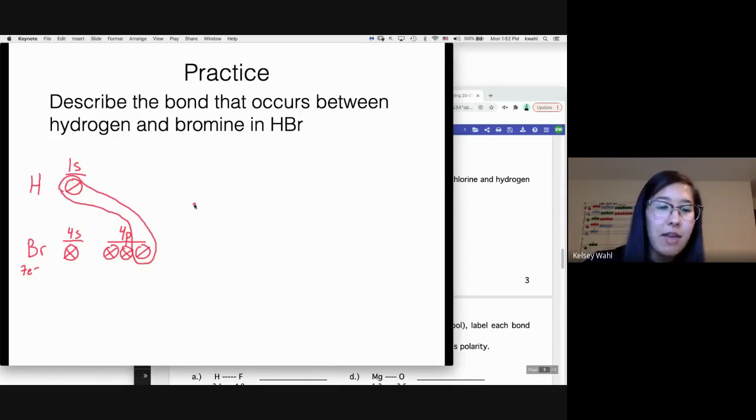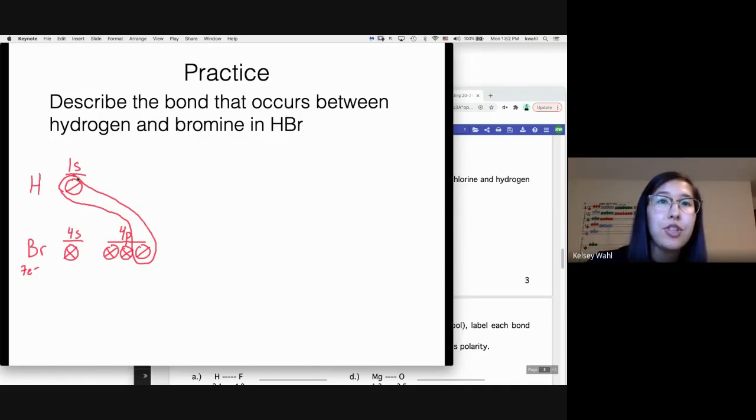Imagine that H's electron is in Br, then Br is going to feel like it has an octet. If Br's electron goes to H, then H will feel like it has a complete first energy level. So by sharing, they'll both feel complete and happy. This is why unpaired electrons are really important for us to look for.